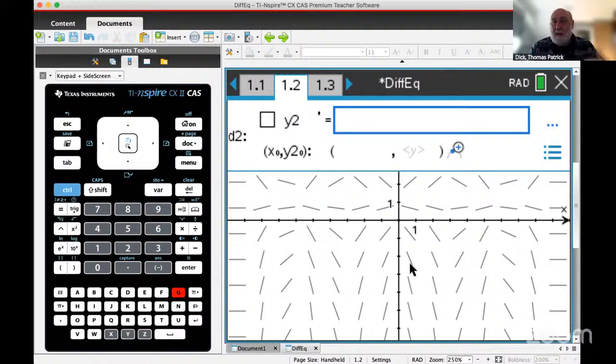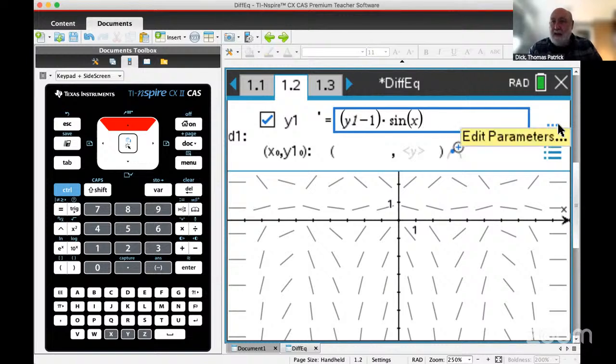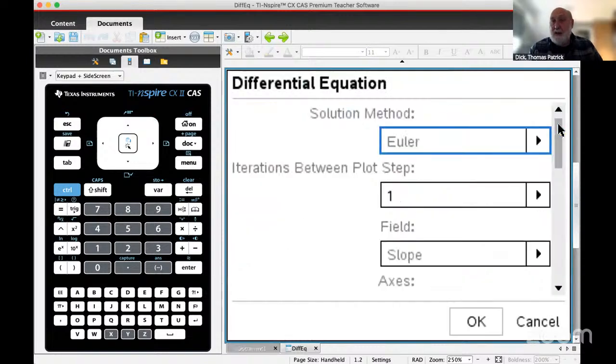When I come back to the entry line, you see that it's ready for a second differential equation. So I'm going to arrow up to look at the same one we were looking at. And I'm going to go over to where you see that dot, dot, dot, and that says edit parameters. So let me click on that.